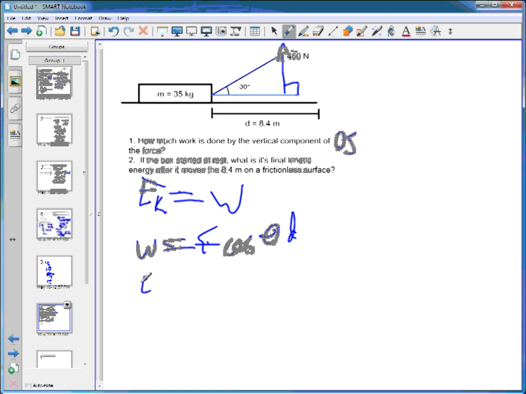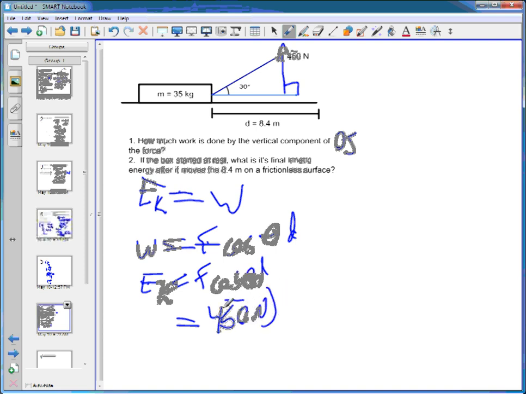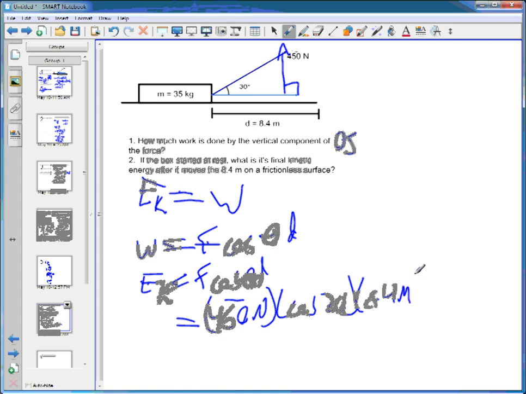So EK is equal to F cos theta d, which is equal to 450 newtons, rounded to the nearest 10, times cos 30 degrees, times 8.4 meters.